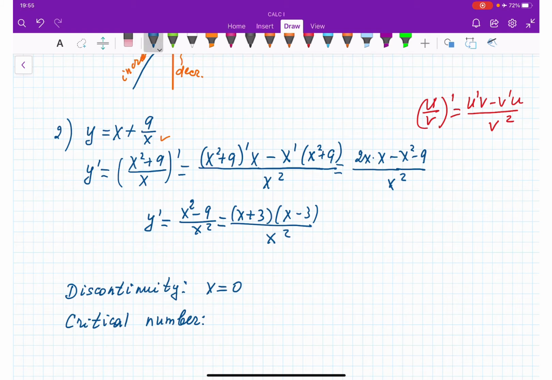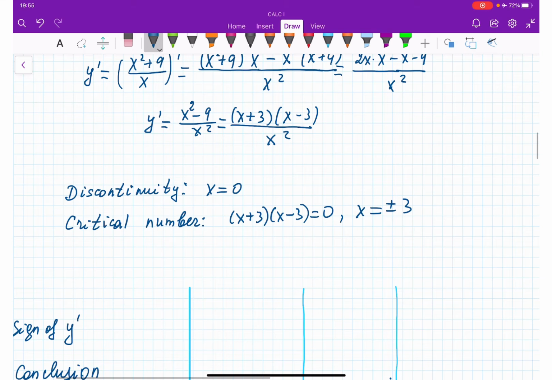And the critical values are going to be, if I take (x plus 3) times (x minus 3) equals 0, so from here, x is plus or minus 3. And those are critical numbers.